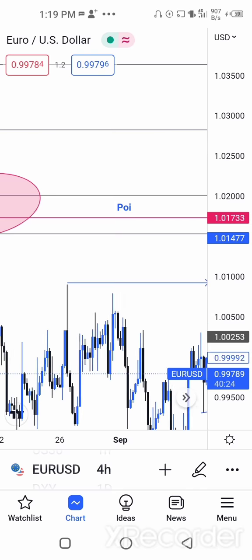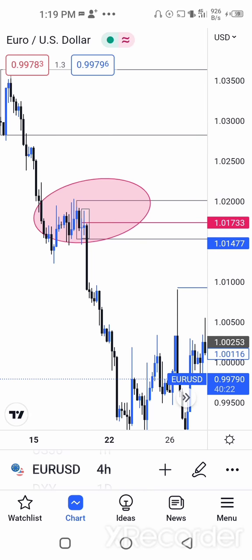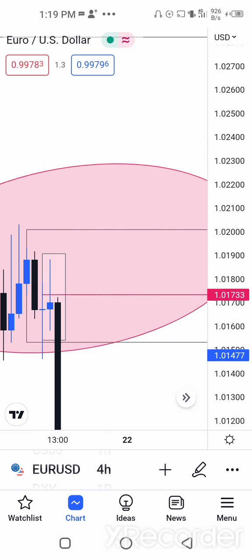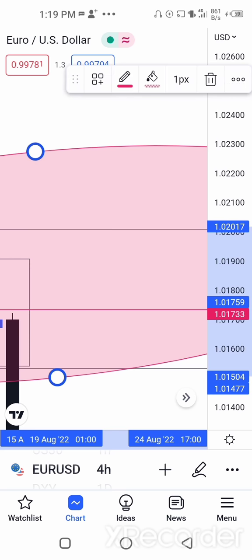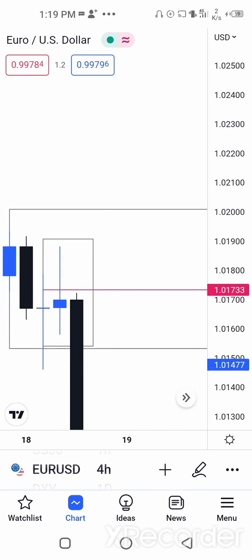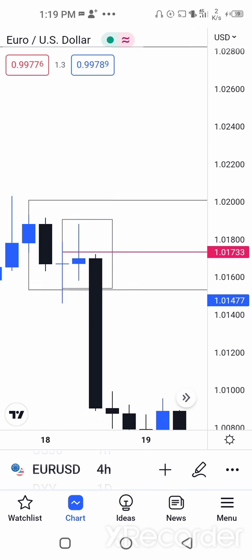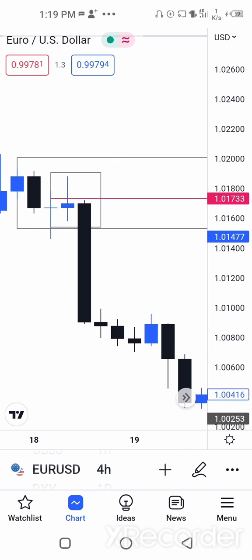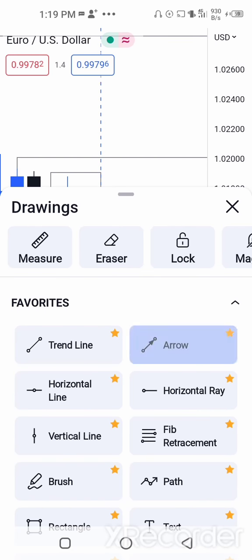Now for the validity of our order block, which is this, I will have to delete some stuff right here. So for the validity of our order block, let's pick out our arrow tool.